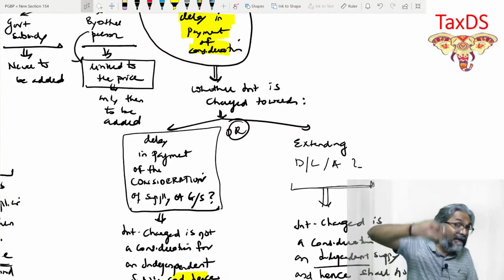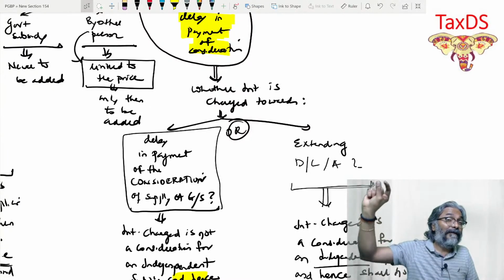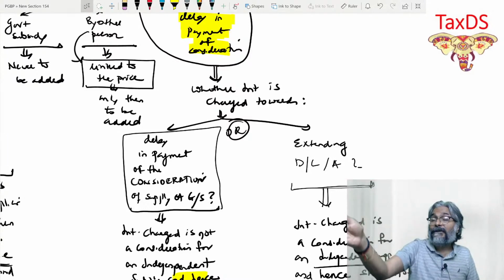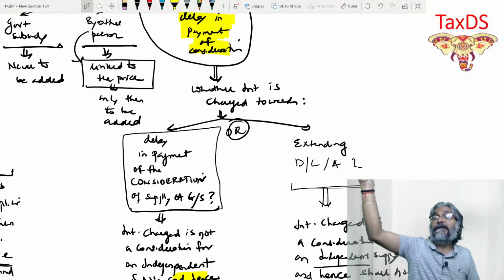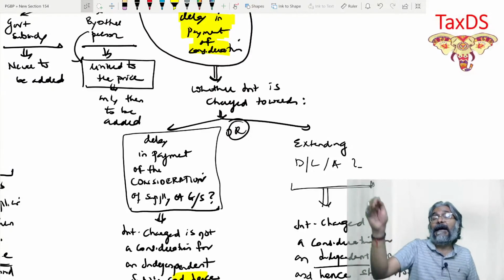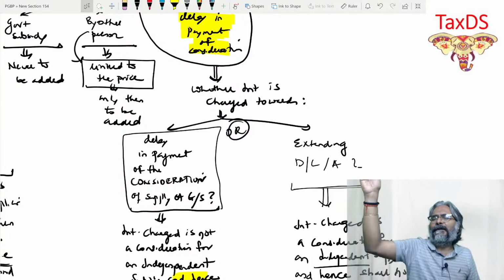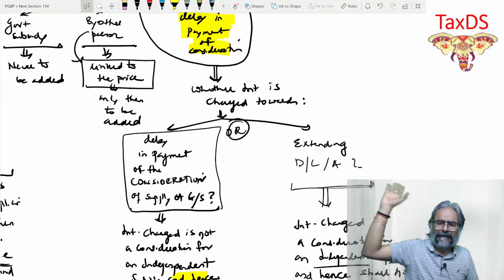See, there is another interest which is charged, but that interest is a consideration for an independent service. What is that independent service? Extending deposits, loans or advances.